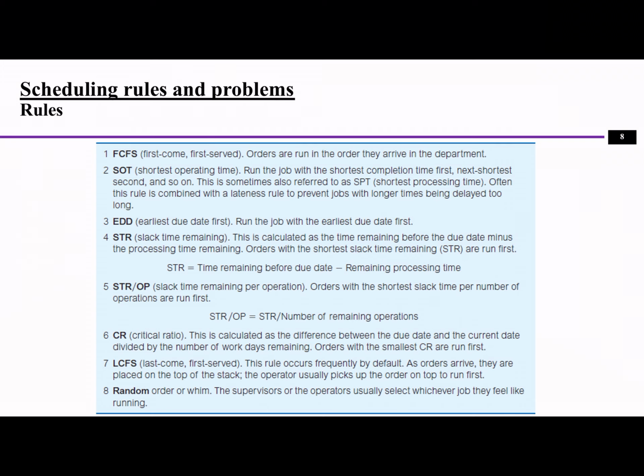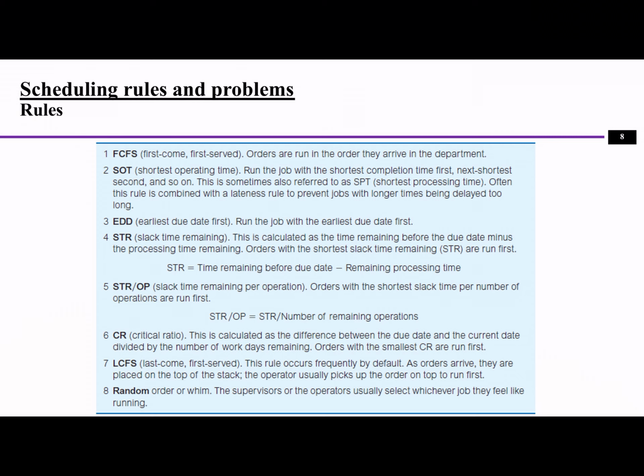All right, in terms of typical rules for scheduling, this list talks about some very common ones. The first one is first come first served. Basically, whichever order is received first, we run that order first.